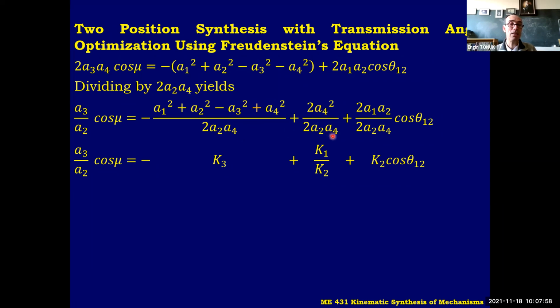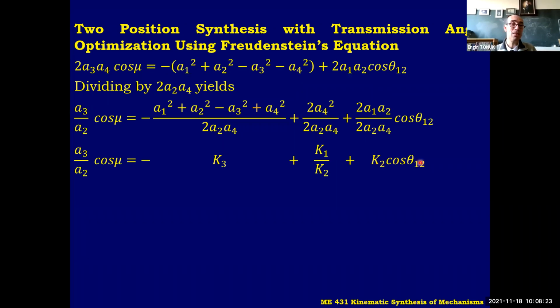If you simplify this, it's K1 over K2. The reason is we have A4 over A1, and A2 over A1. And then for this one, if you cancel A2s, it is A1 over A4, which is K2, okay?